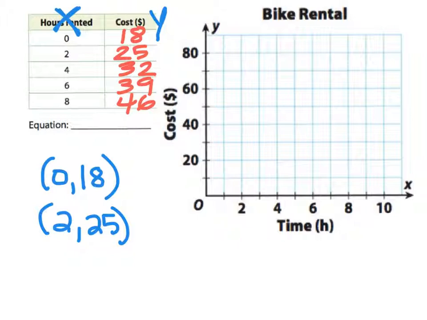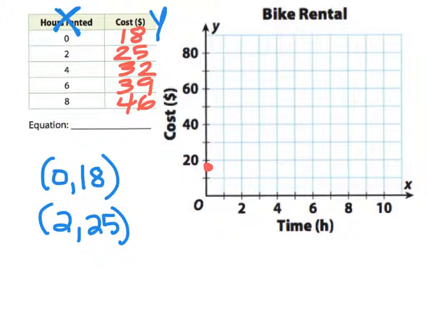My first one, 0, 18, I'm going to come over to my graph where the 0 is on the x-axis, and I'm going to go up to where I think 18 is. This graph is counting by tens. Every box is worth 10, so I'm just going to estimate where I think 18 is. I think 18 is going to be just a little bit under the 20.